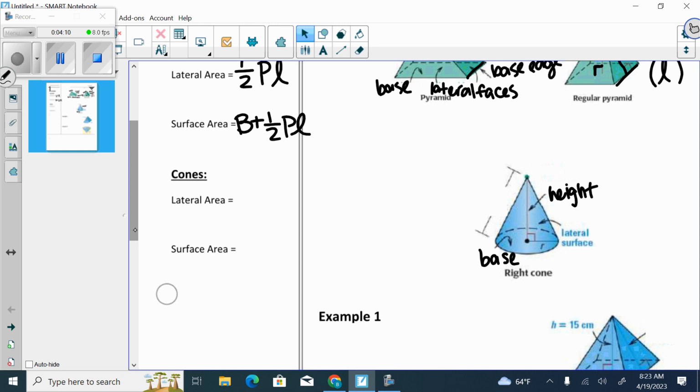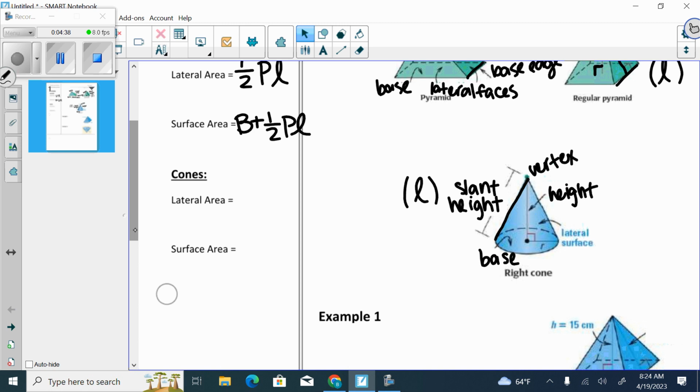Right, it goes from the vertex to the base. That point up here is our vertex. And then this measurement right here, just like in our pyramid, is what we would refer to as the slant height. Which again is denoted with a script L.